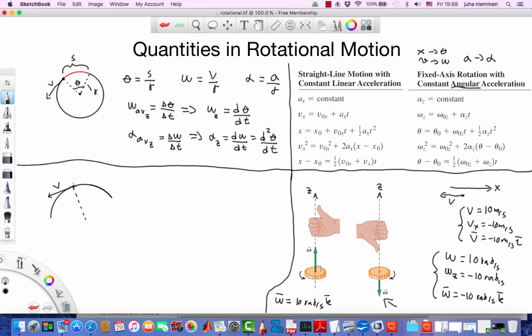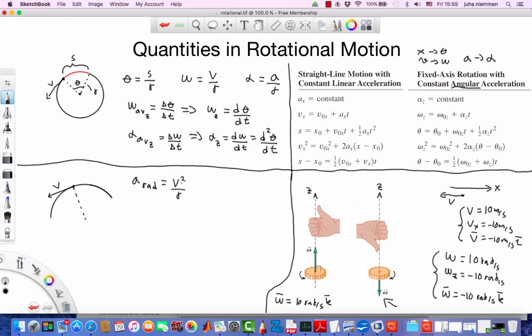Here is a particle on a circular path going at the velocity v at this very instant. And here we have the radius of the motion, or the radius of the curvature. And in such a case, there is always the radial acceleration component, because the direction of that velocity vector is changing, and the magnitude of that was tangential velocity v squared divided by r.